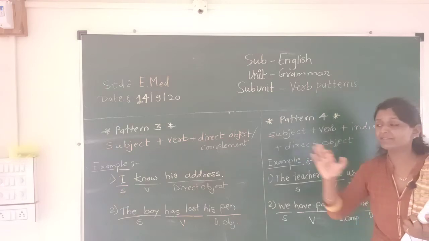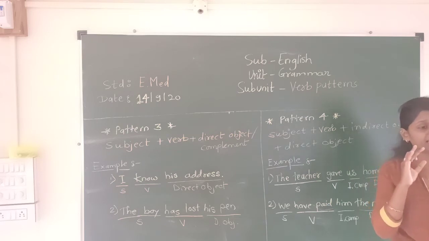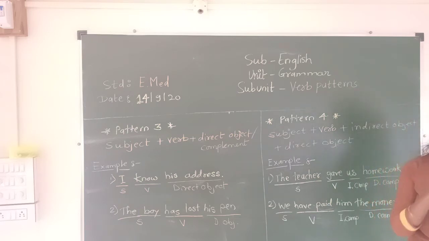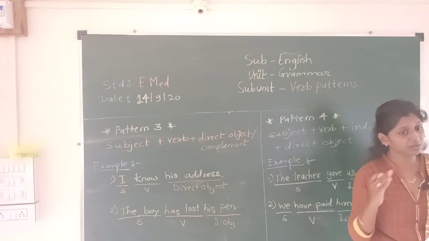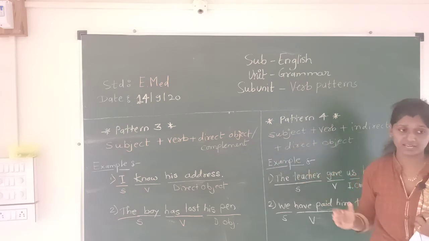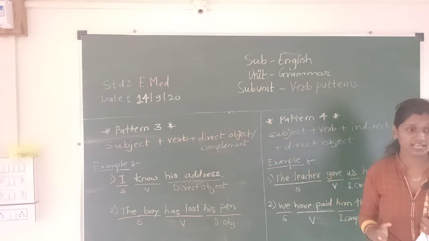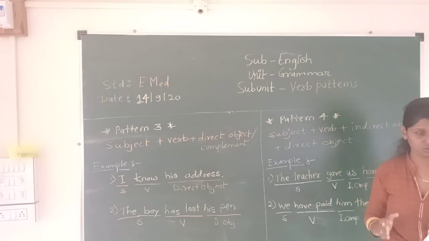As with pattern 3, in pattern 4 also, if there is necessity then we can use the prepositions and the auxiliary verb. Listen carefully. As with pattern 3, we can use auxiliary verb and the prepositions in pattern 4 also.